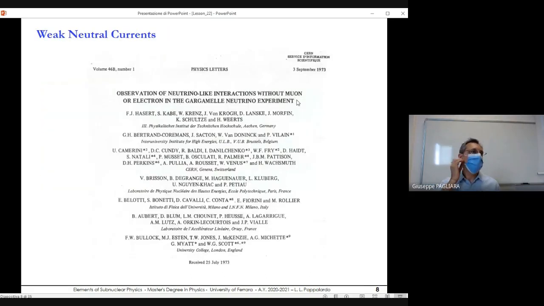Now, this was the experimental proof of the existence of weak neutral currents, but it was, in a sense, an indirect proof. The direct proof is really observing the Z boson.